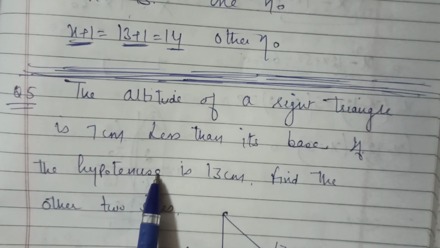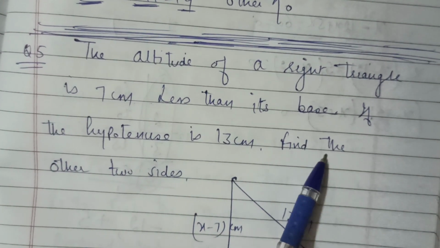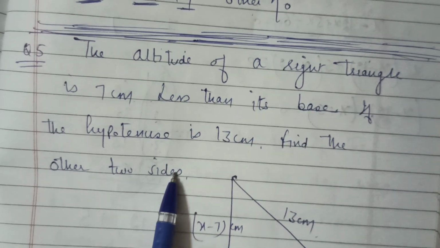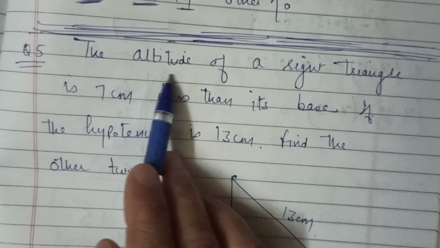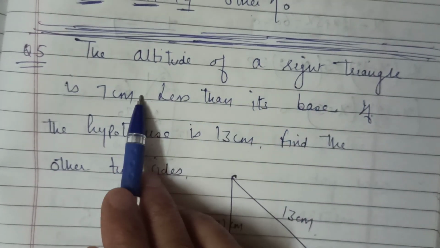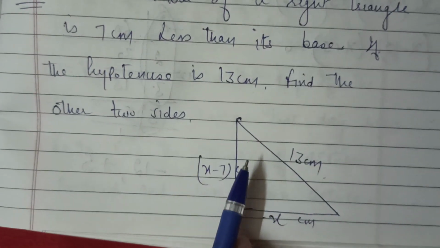If the hypotenuse is 13 centimeter, find the other two sides. Children, concentrate on the first line. Altitude of a right triangle is 7 less than its base.